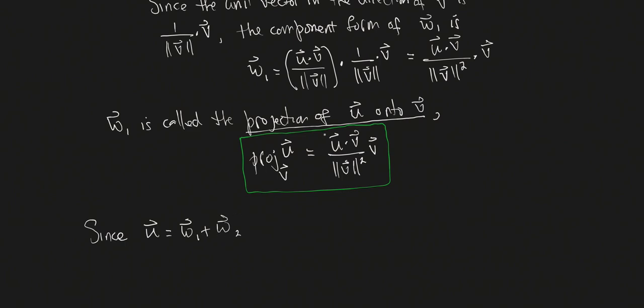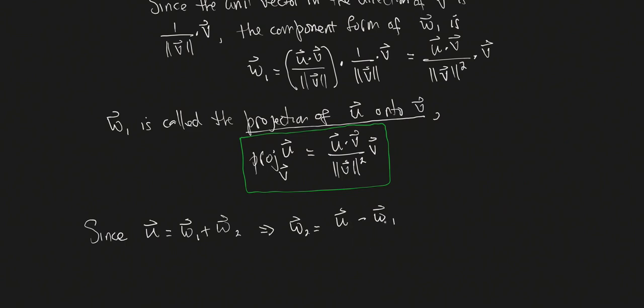Because I know what w1 is. This is what we just found. So this implies that w2 is equal to u minus w1. Just subtract this vector from both sides. And again, we know how to do these vector operations.